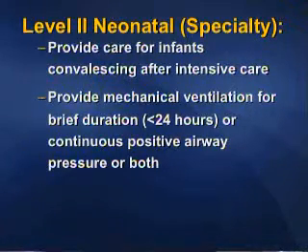Okay, before, the level 2 from the 2004 guidelines was divided into A and B. Now we have just one. So a level 2 neonatal unit should provide neonatal ventilation. Okay, that means they need the ventilators, they need the capability of intubating the babies, they need a blood gas machine, they need portable x-rays.